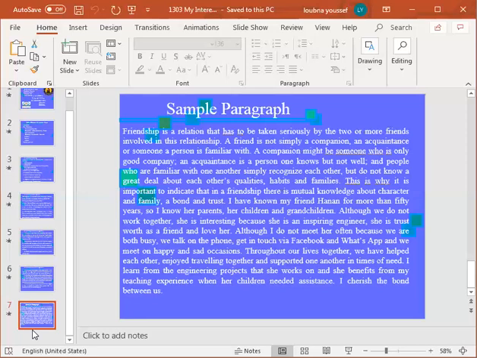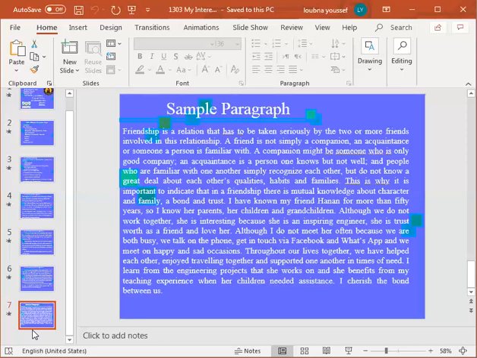And in this third sentence, the writer gives us a definition of what to be familiar with someone means, all right? People who are familiar with one another simply recognize each other, but do not know a good deal about each other's qualities, habits, and families. So if you have a friend, you have to know about their qualities, about their habits, and about their families.